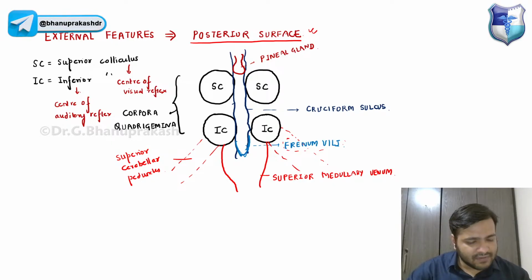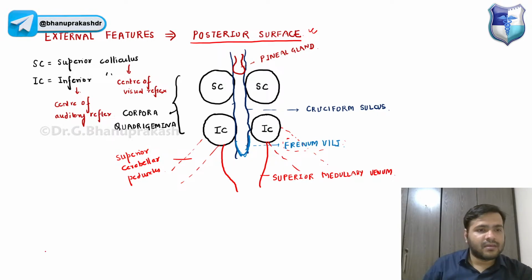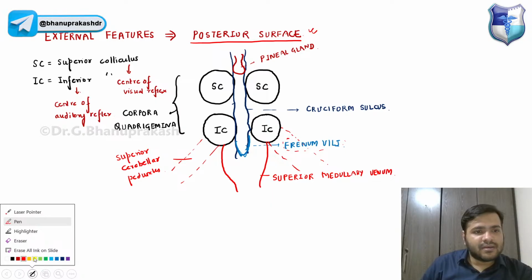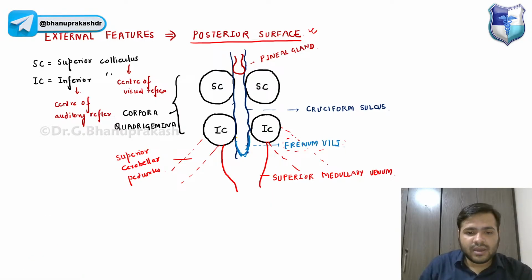Over here, there will be a nerve arising and passing on both sides, piercing the superior medullary velum. Yes, Abukar, very good. It is the trochlear nerve, the fourth cranial nerve. Suman Parai, very good.